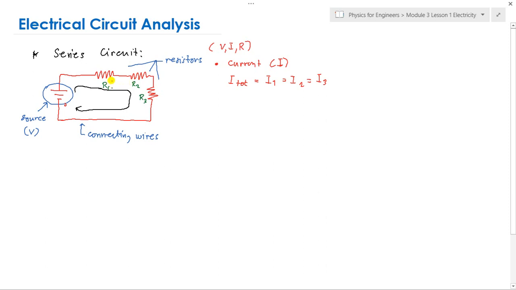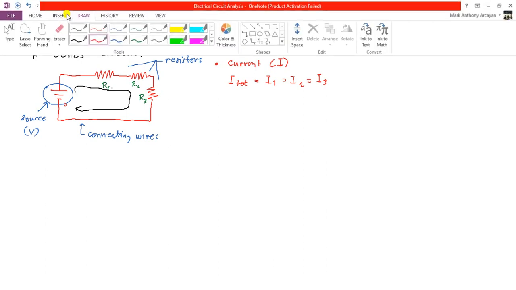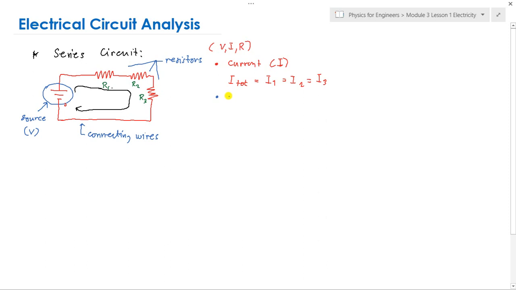Even when it passes through resistor 1, it is equal because they are in series. That is for current. Again, for a series connection, the current through each resistor is equivalent. They are the same.